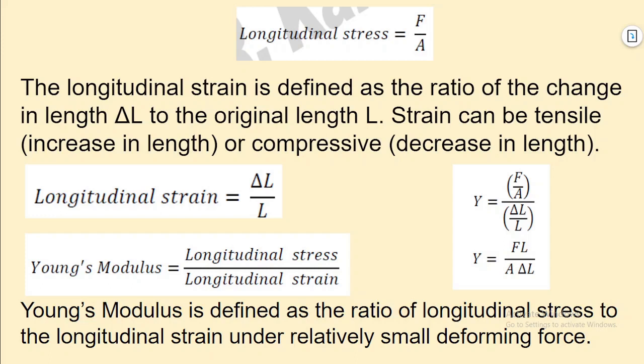Then F should be M into G. And if the material is in the form of a wire, then the area of cross section would be pi r square. The corresponding changes happen wherever necessary.